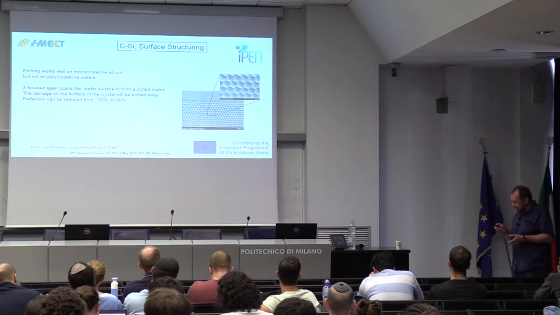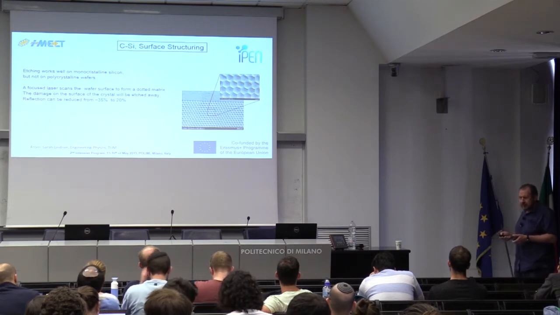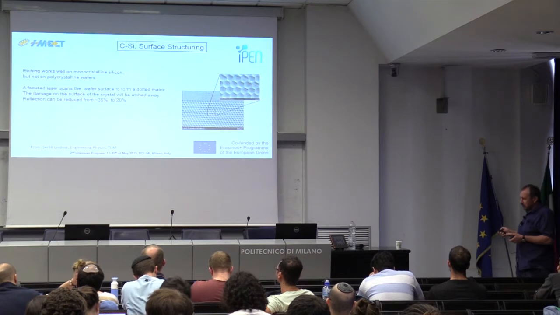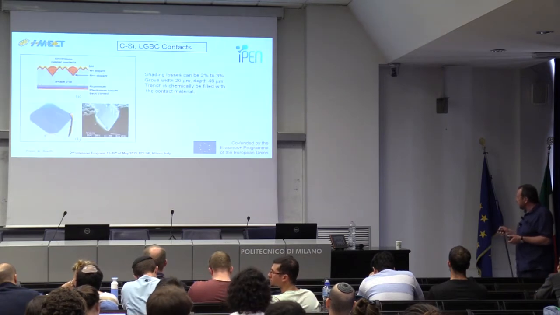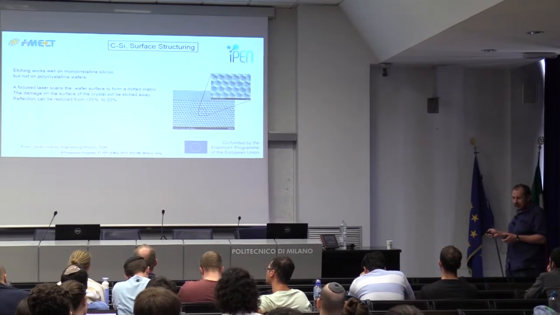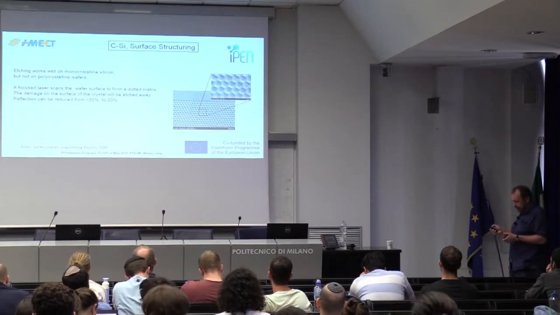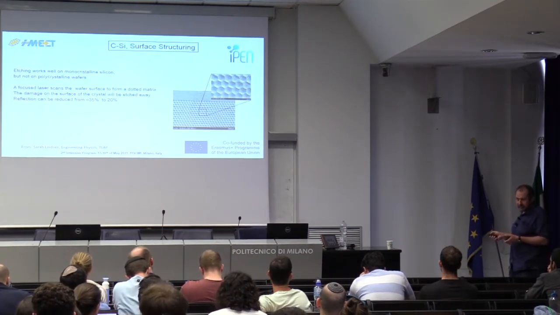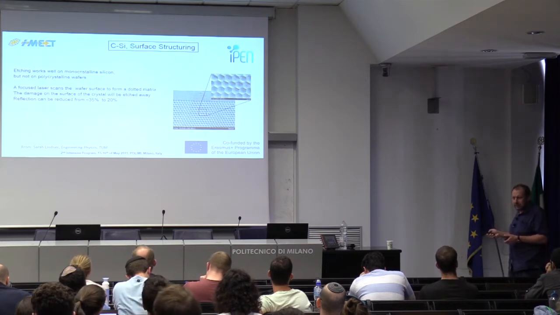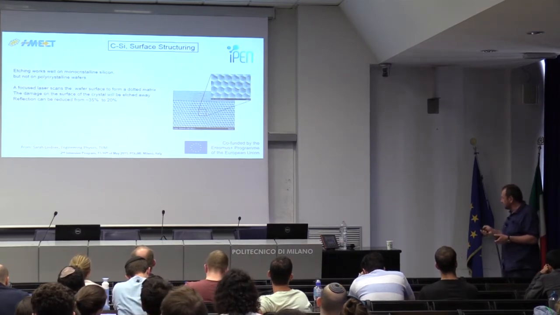In multicrystalline silicon, this etching does not work well. And here, one option is to use laser structuring of the surface of silicon. There is also a chemical option involving an acidic solution.